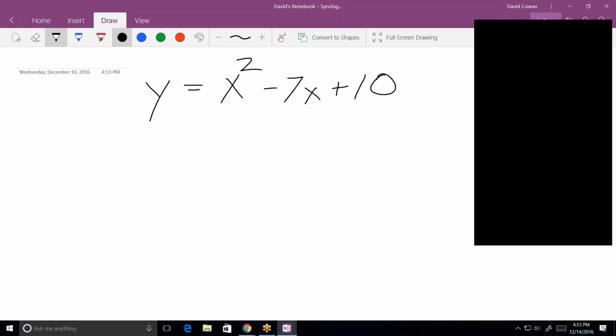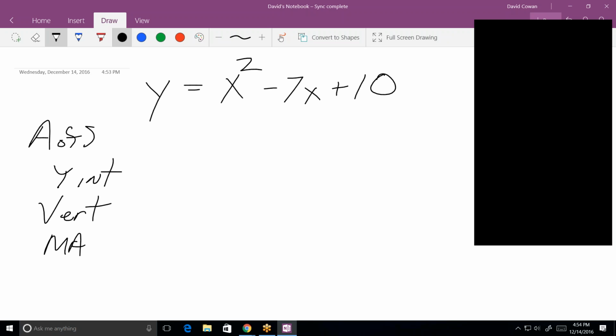Now, you need to find the following things. You need to find the axis of symmetry, the y-intercept, the vertex, and determine if the vertex is a max or minimum. The axis of symmetry is the x-coordinate of the vertex, right? Yes.